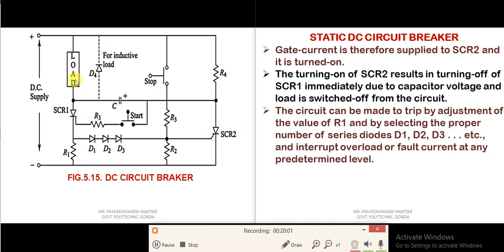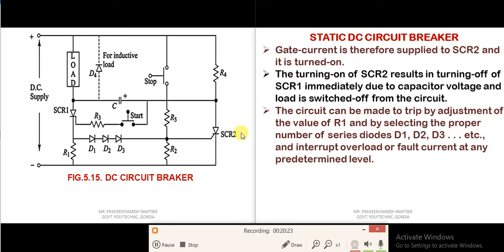So once there is overload, this overload will increase the voltage across R1, D1, D2, D3, and this voltage increases the gate voltage. This gate voltage triggers the SCR2.